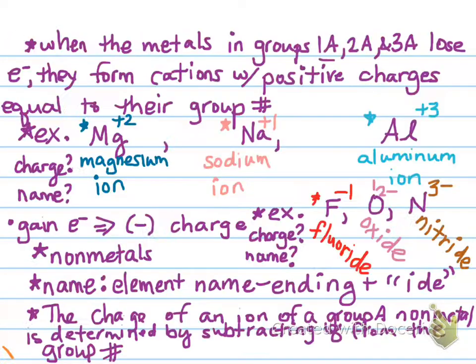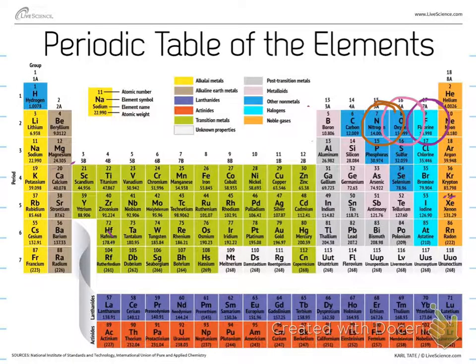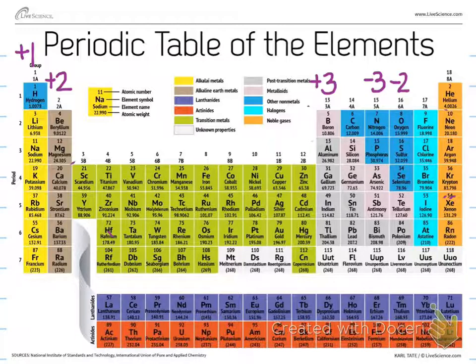So, remember group A, we're talking about tall columns on the periodic table. And so what I expect for the group A, the tall columns on the periodic table, is that group 1 has a charge of +1, group 2 a charge of +2, group 3A a charge of +3, group 5A a charge of -3, group 6 a charge of -2, and group 7A a charge of -1.